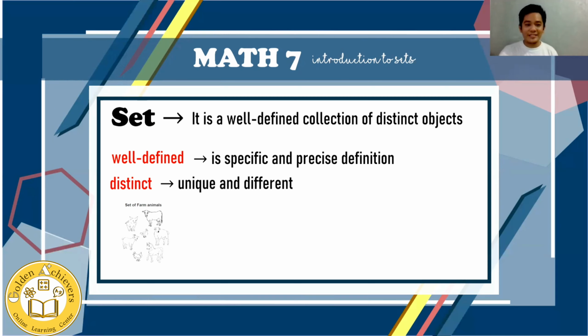Let's have another example. Set of baking tools. Is this well defined? Yes, it is well defined because these tools are not just tools. It is very specific that these tools are for baking. So we cannot say that we will include here the tools that we use to fix cars, let's say Phillips screwdrivers.